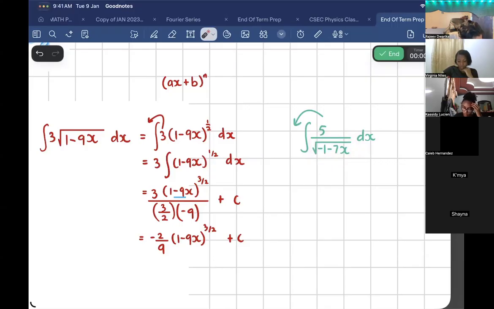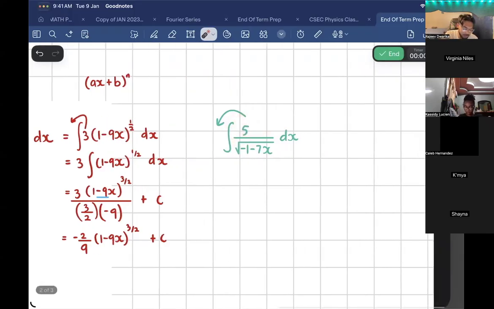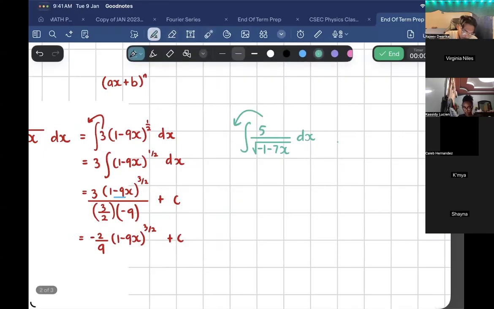Yeah, it's in the square root, so you can't pull it out, right? However, is the 5 in a square root or anything, or is it just there hanging around? It's just there, right? So I could pull out the 5. That might make my life a bit simpler. So I don't really know why we're pulling out. I don't really know what's going on.